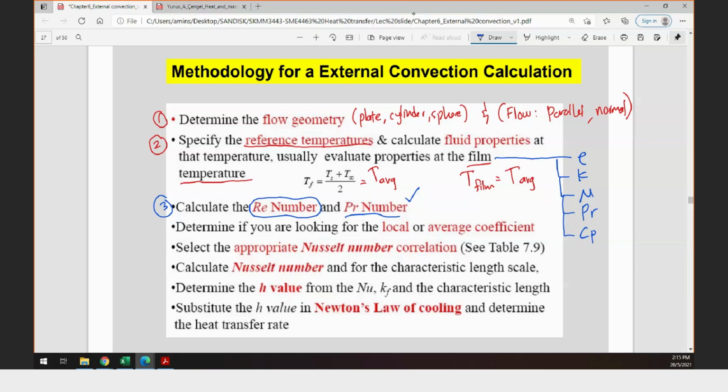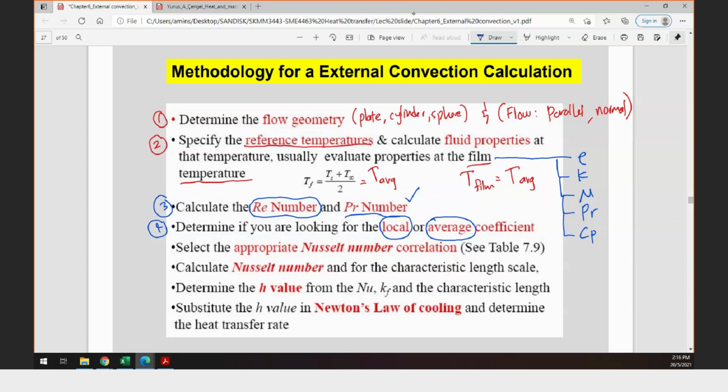Then after you calculate the Reynolds number and you know the Prandtl number, you need to know whether your problem is looking for a solution for the local or the average. Local means a specific point, like we discussed yesterday. Average means the entire system, the whole system.